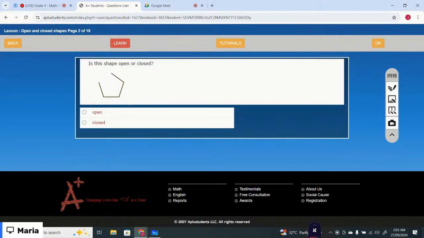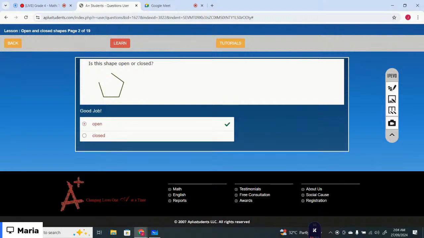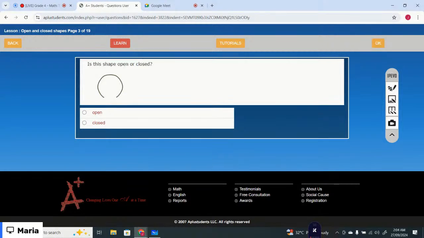The next one: is the shape open or closed? Which is the correct option? Open it is, right? That's an open shape. Is this shape open or closed?